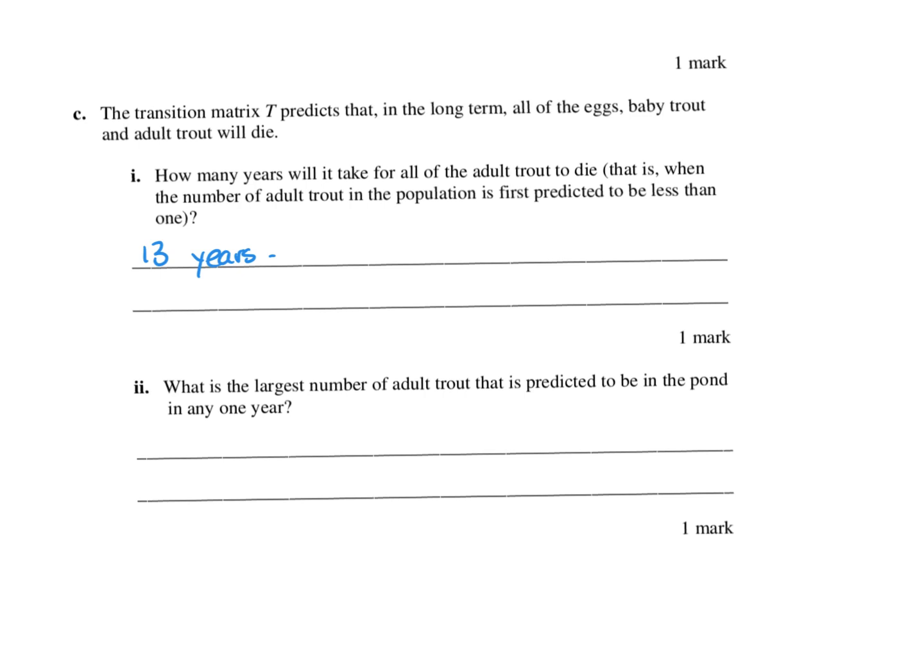With this one, what is the largest number of adult trout predicted? You reached the long term, they're all dead by 13. So you had to have a look. Some people would have thought it was at the start, but if you notice S0, you have a certain amount.